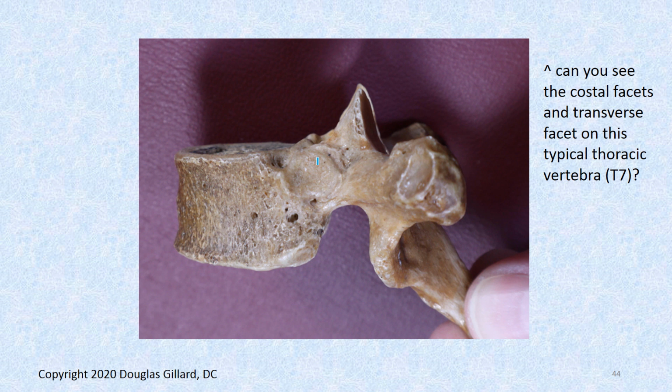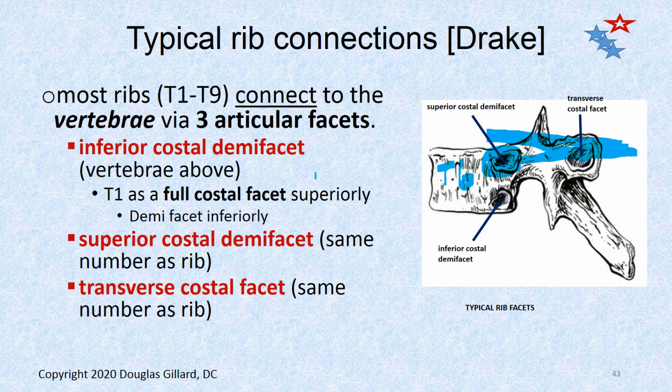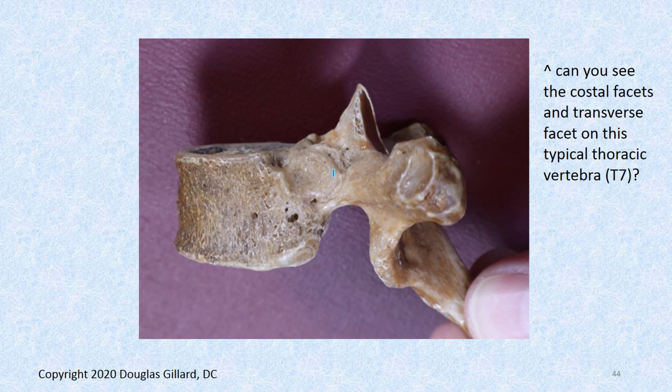Those are the 3 articular surfaces. These are demis, and that's the transverse costal facet. And these are the superior costal demifacet. I always forget costal. Superior costal demifacet, inferior costal demifacet, and transverse costal facet.